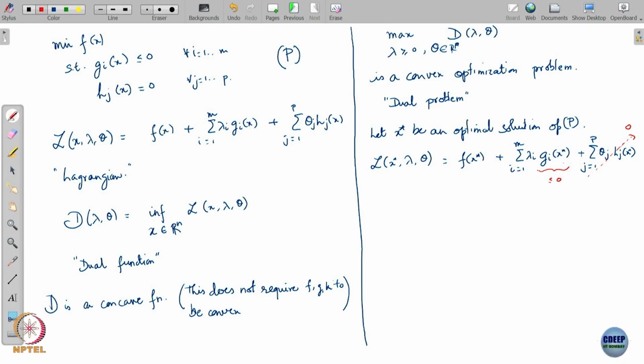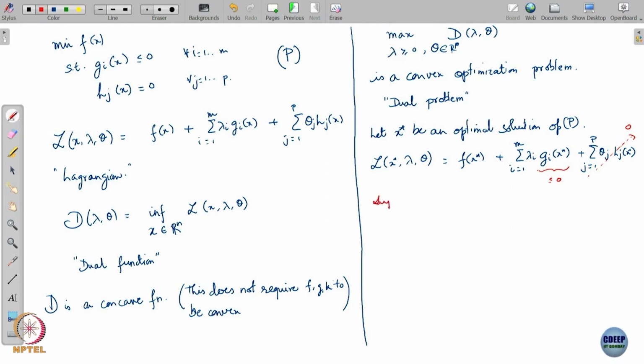Now, I have not yet said anything about lambda i itself. I have not told you that lambda i should be greater than or equal to 0. We did put lambda i greater than or equal to 0 in this optimization when we were defining the dual problem. So, let us go ahead with that.